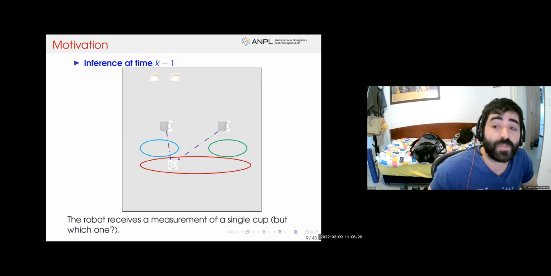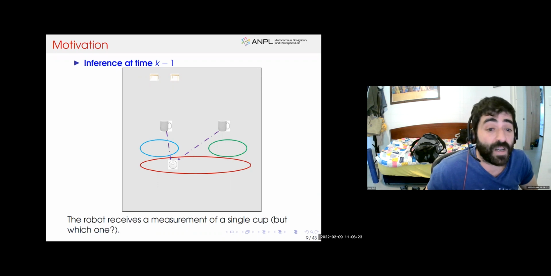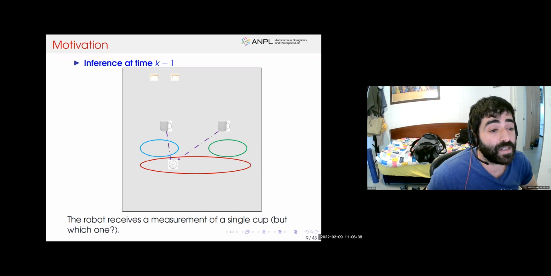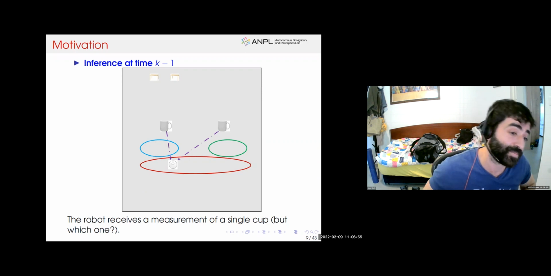At time k minus 1, the robot retrieves a measurement of a single coffee mug, but it can't make the correct data association to which one of these two coffee mugs the measurement belongs to. Therefore, a single hypothesis now divides into two hypotheses that live in parallel, one for each coffee mug. According to the gathered information we have so far, we can't distinguish which one of these coffee mugs has the correct data association.